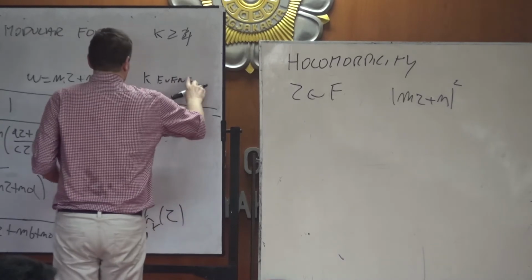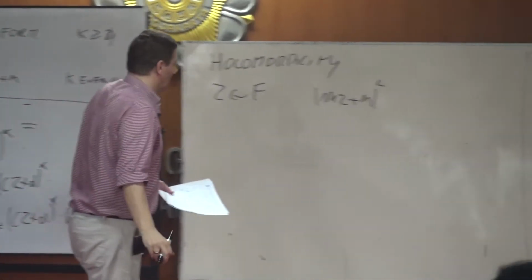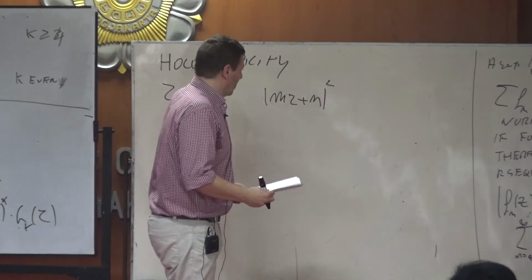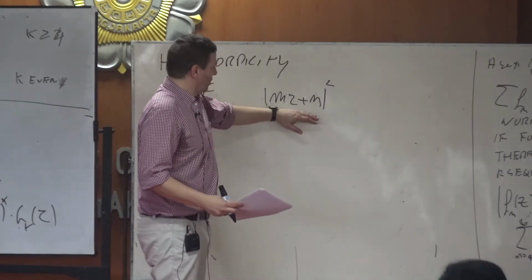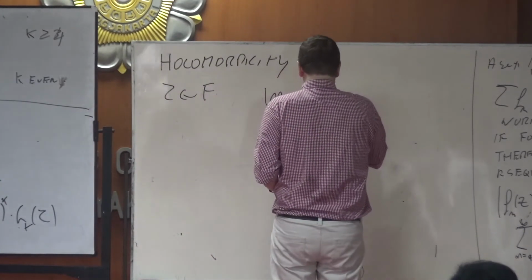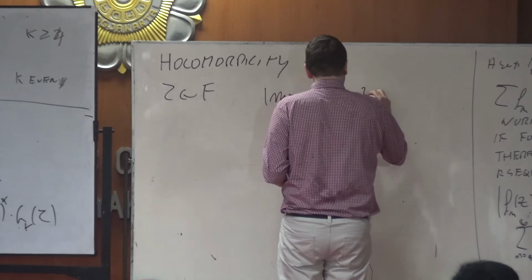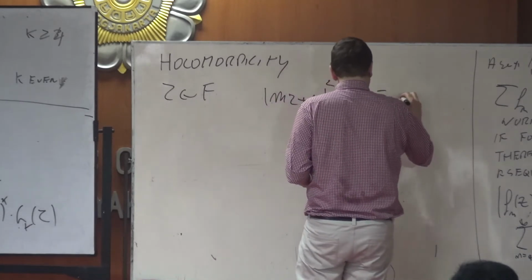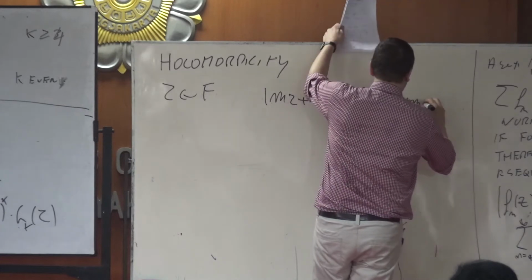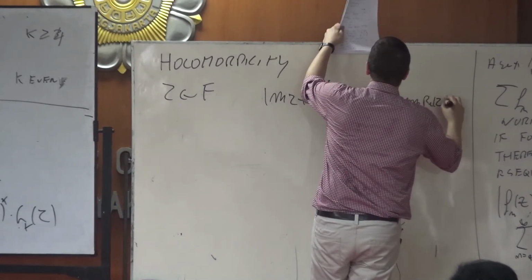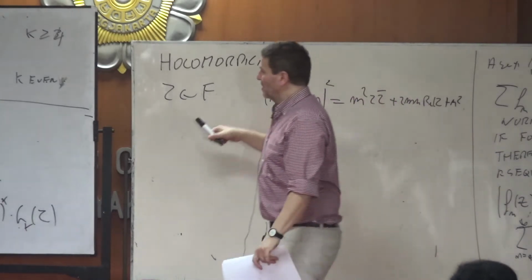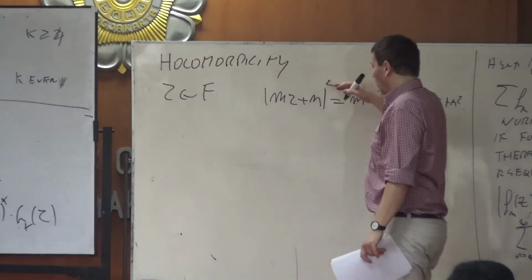The odd ones vanish, of course. We want to bound this one in terms of something that doesn't depend on tau. So this one is just m squared tau tau bar plus 2mn times the real part of tau plus n squared. To bound 1 over this, we have to bound this one from below.